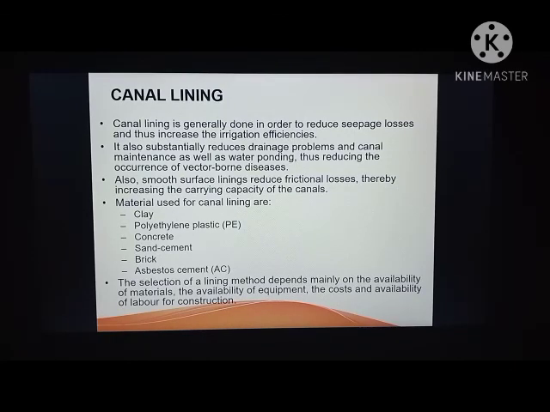The selection of lining method depends mainly on the availability of materials, the availability of equipment, the cost and availability of labor for construction.